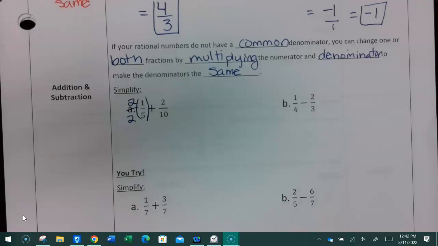Do you know why I have to multiply them both? Do you know, Roberto? So I want to turn them both into 10. What value is the same?